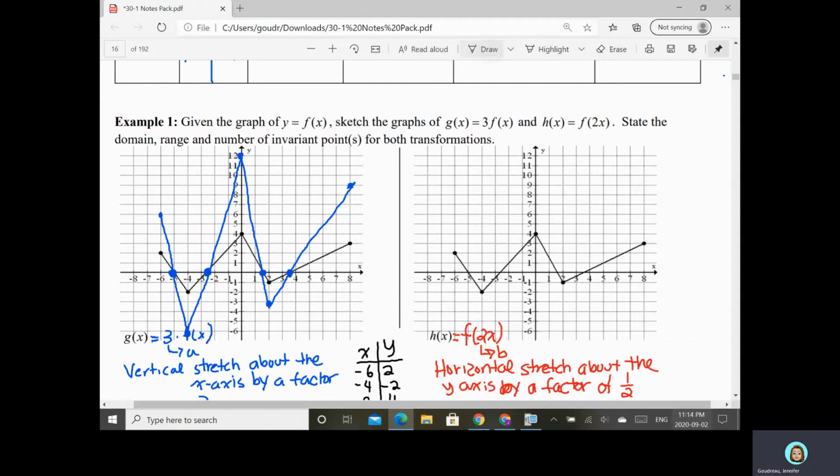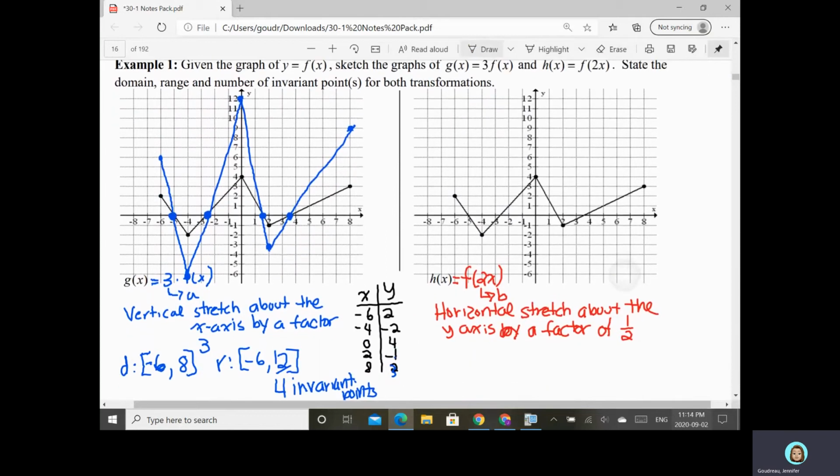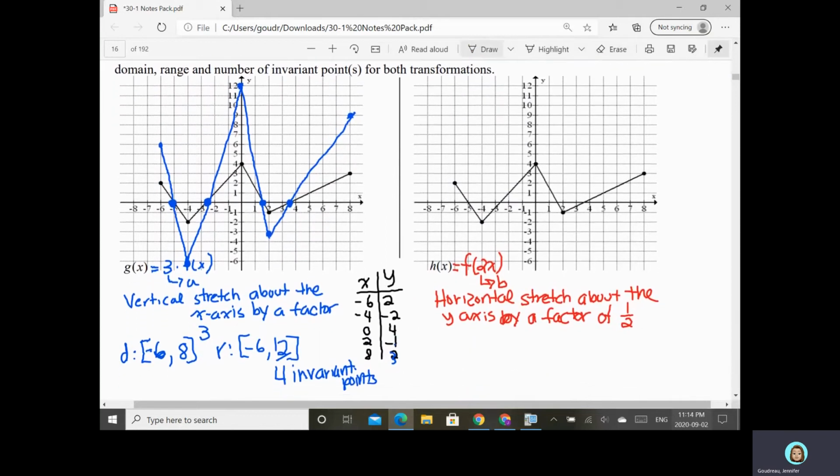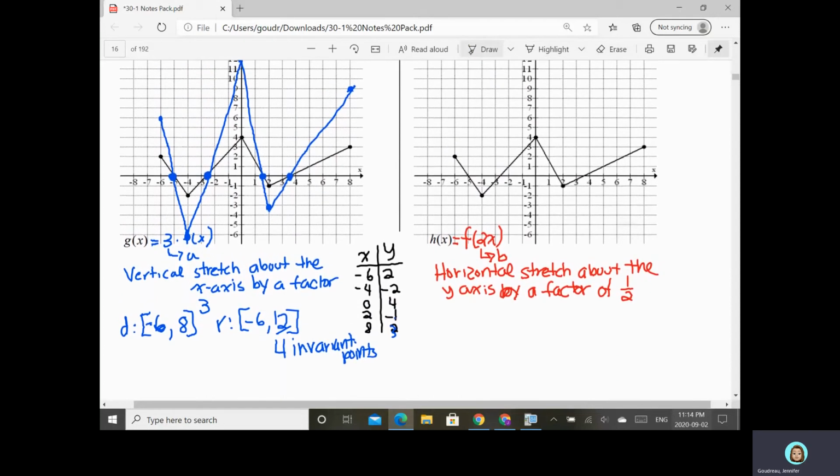When you are sketching this, you can do it right on the graph, or you can create a new table of values and then draw the graph. It's up to you. You might be able to see right away, this x value is -6, and -6 times 1/2 is -3.